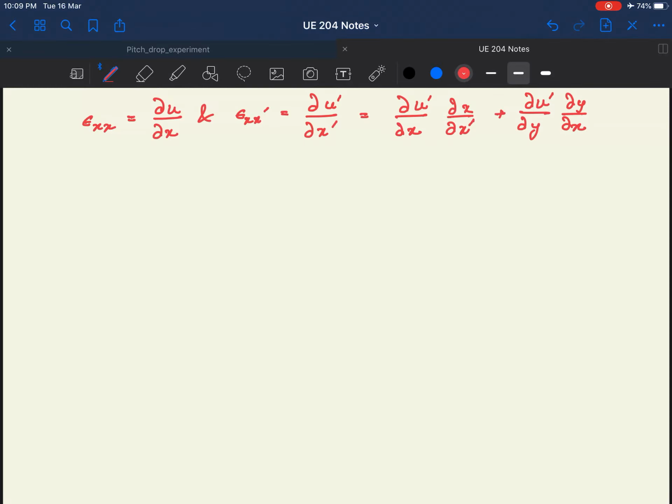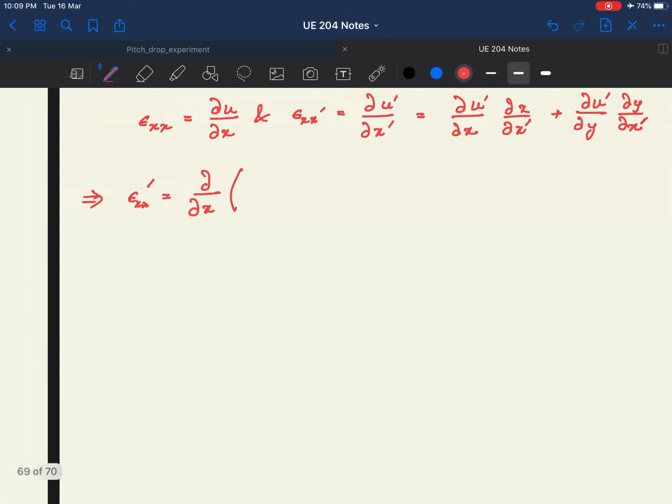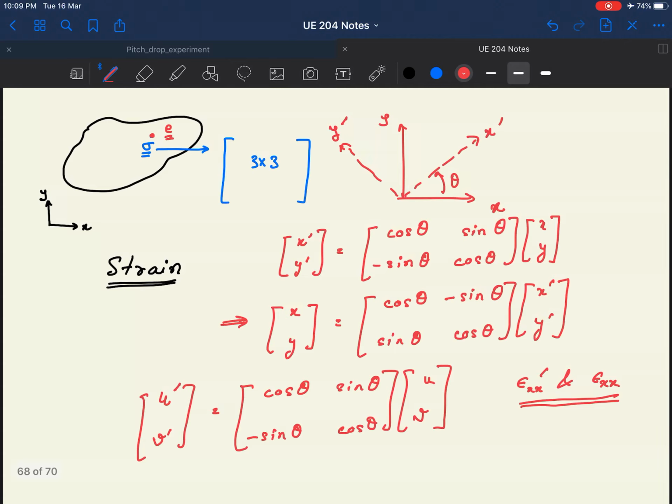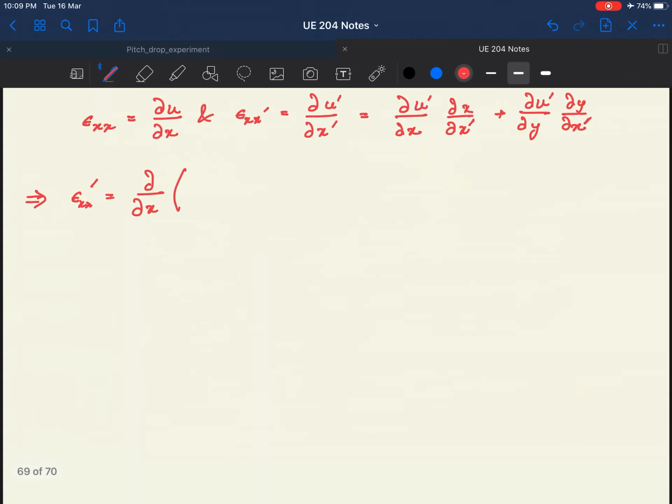Wait, I have missed something. There's a dash here, right? So my epsilon xx dash is equal to, now I can go ahead and replace. I know what u dash is in terms of u: u dash is u cosine theta plus v sine theta.